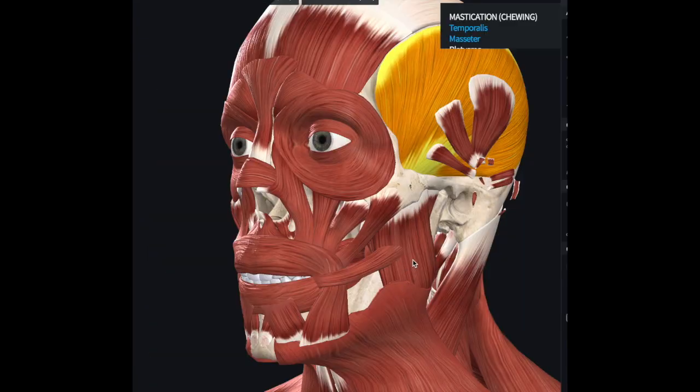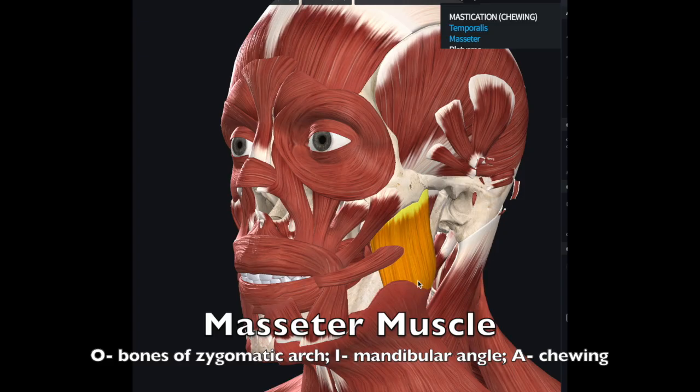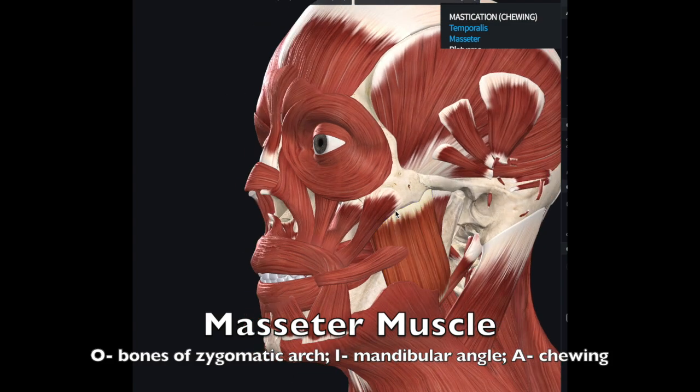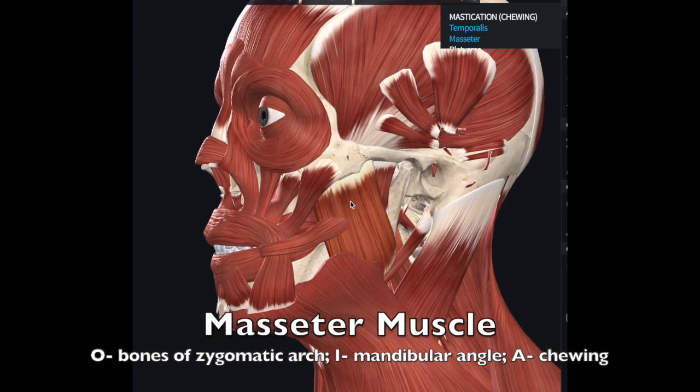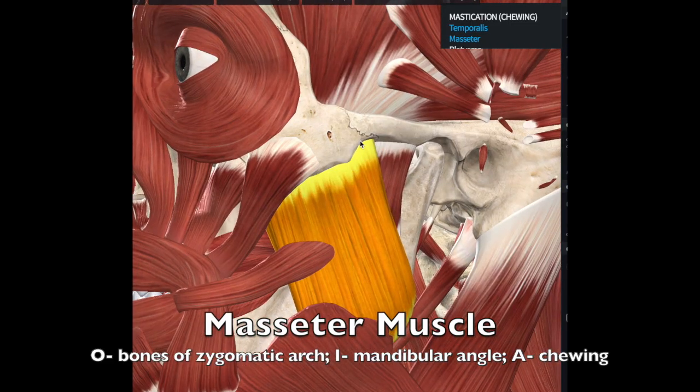During its action, it's going to pull on this angle here. At an angle, it's going to help to elevate our mandible. Now the masseter muscle here is a large muscle, and it's located all along the ramus of our mandible. Its origin is on the zygomatic bone as well as the temporal bone here. So we can kind of see this over here if I zoom in. We've got an origin here, and its insertion is on the mandibular angle as well as the ramus here.